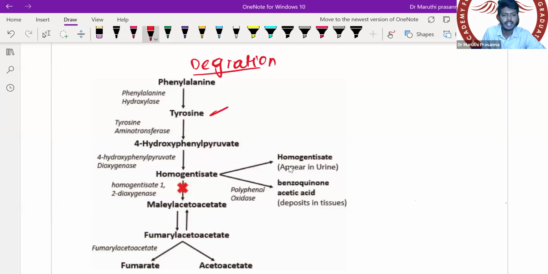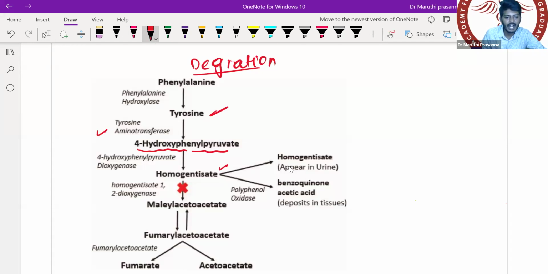Now this tyrosine, under the influence of an enzyme called tyrosine aminotransferase, forms 4-hydroxyphenylpyruvate. 4-hydroxyphenylpyruvate will give rise to homogentisate.